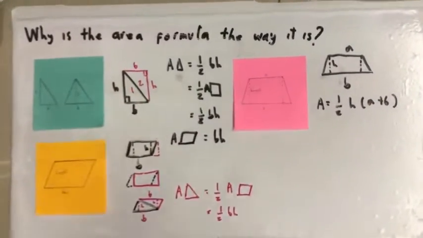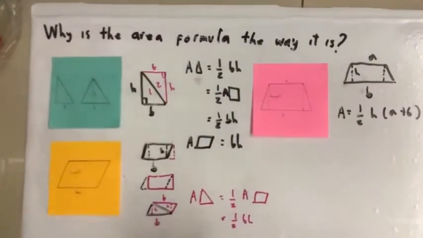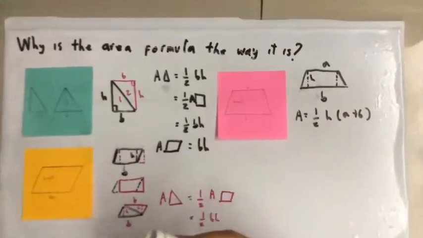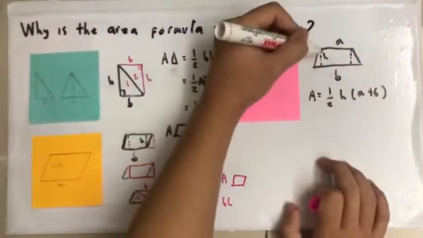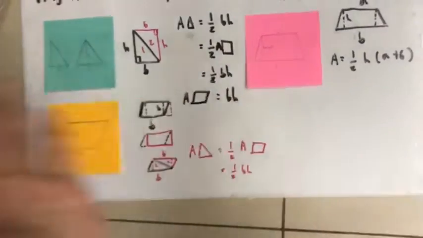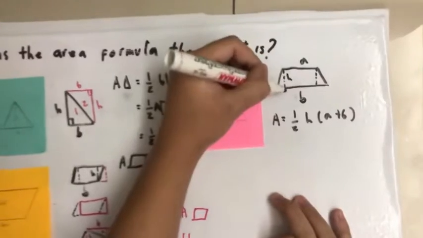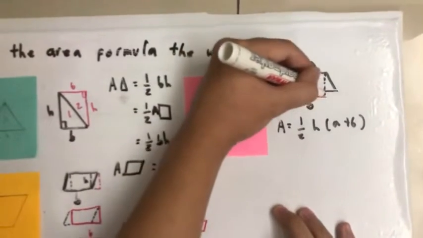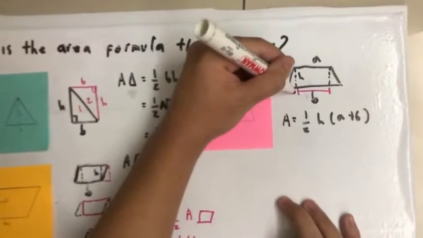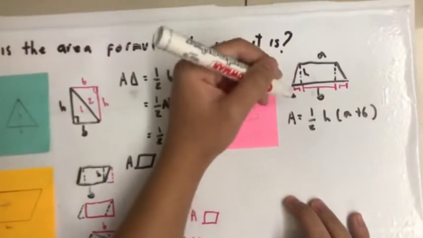And why is it a plus b? Why is it this complex? Compared to the rest of the formulas, why is it like the most complex? I mean, not the most complex, but compared to the rest, yeah. We can see from here that if this is the height, which is the same as this, and here it's just a, it means that this part plus this part is the b minus a part, right?